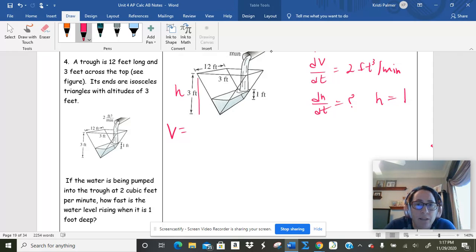So 1/2 base times height, so we'll call this our base, and we'll call this our length. Luckily we have some constants. I can see that my base is changing, and I can see that my height is changing, but this length is always 12. So I'm going to go ahead and plug in my 12 here.